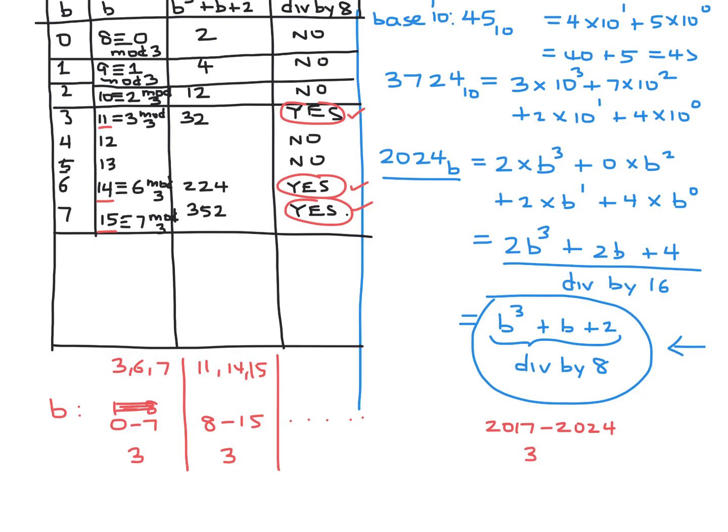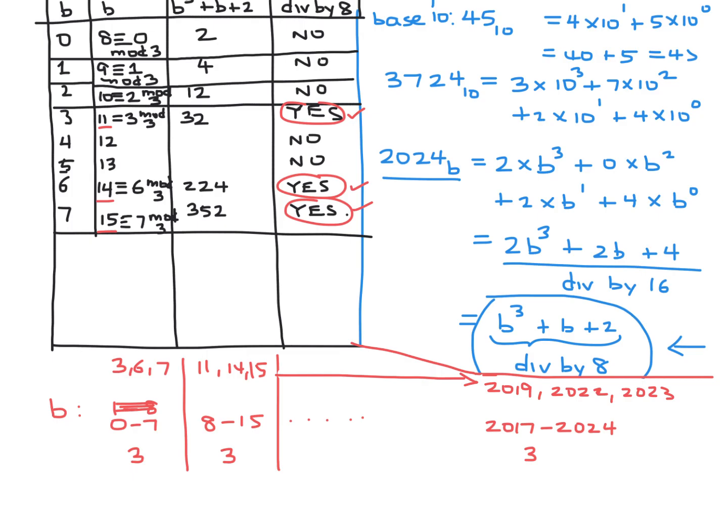If you want the actual numbers, it'll be 2019, 2022, and 2023. So that means we have a bunch of groups of 3.